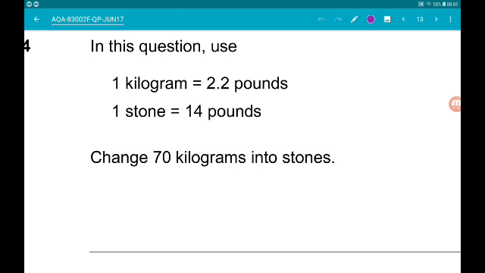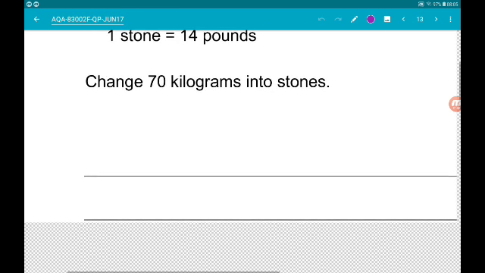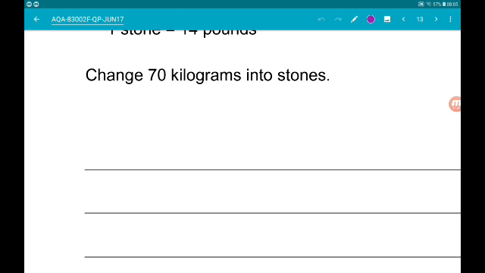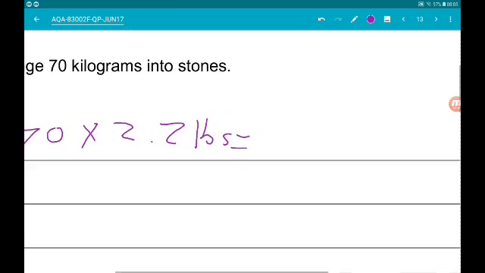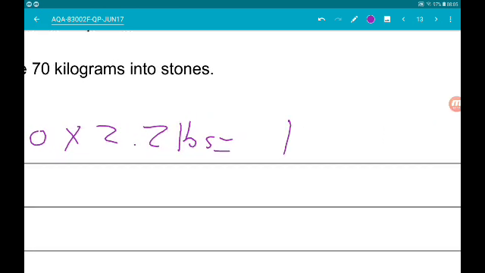So 2 kilograms would be 2 times 2.2 pounds, 4.4. So if we've got 70 kilograms, first of all, we're going to do 70 times 2.2 pounds. And that's going to give us 154 pounds.